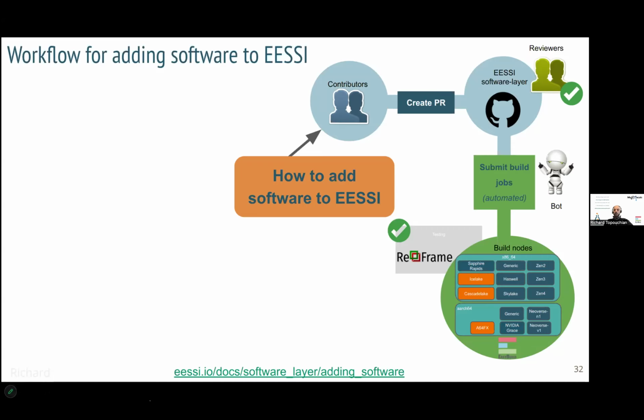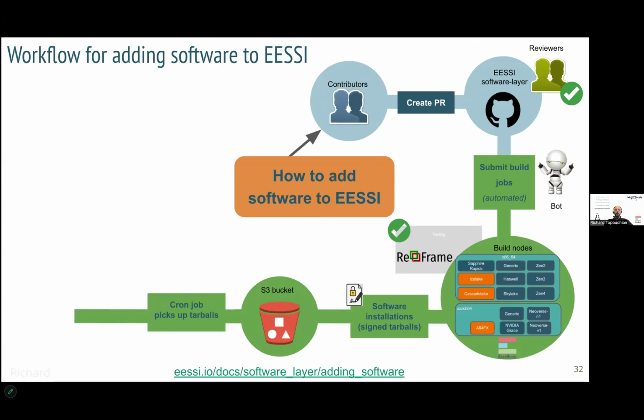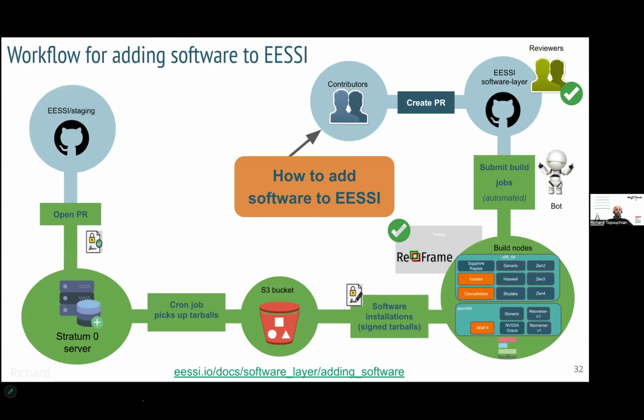After the software is built, some tests from the Easy software stack are run. After that, the software that is built is compressed into a tarball and signed. Then the tarball is transferred to an S3 bucket. A cron job will pick up those tarballs and transfer them to the Stratum 0 server, or the central server.